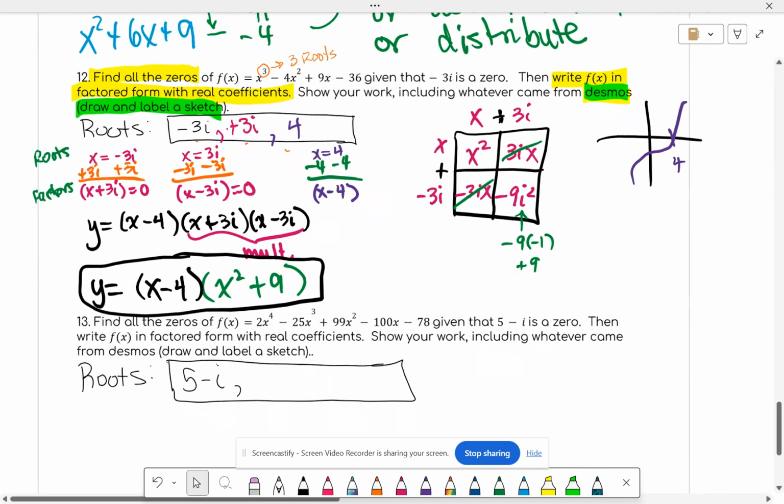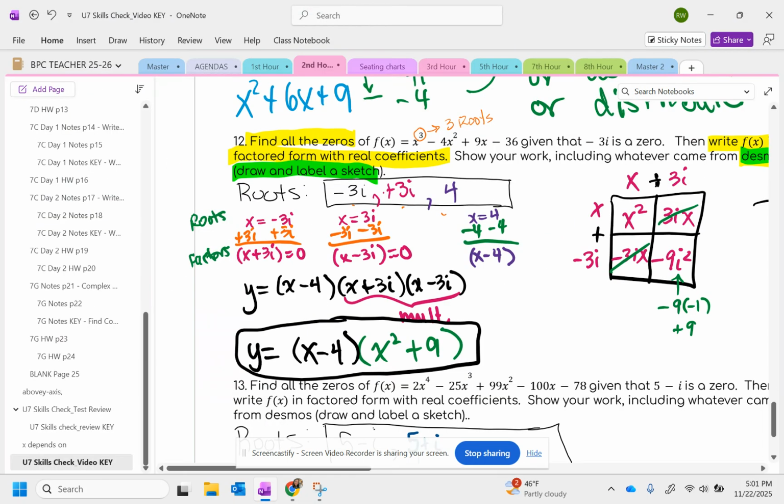All right, and so number 13 is a little more complicated because the 5 minus i and the 5 plus i are a little bit more complicated to deal with, but I also will need to put this into Desmos. So let's get our Desmos back.